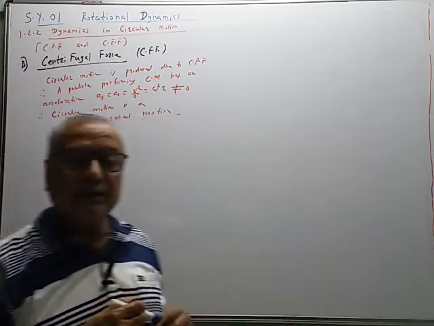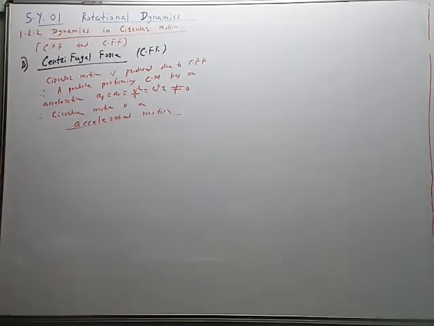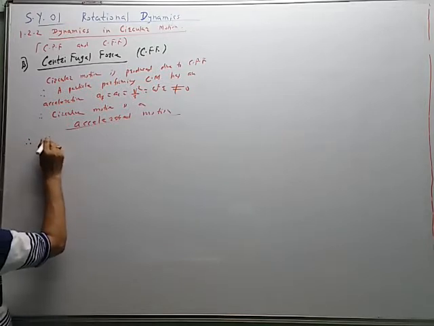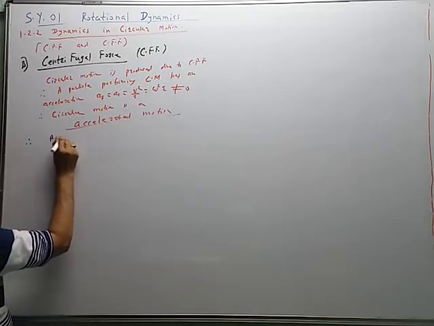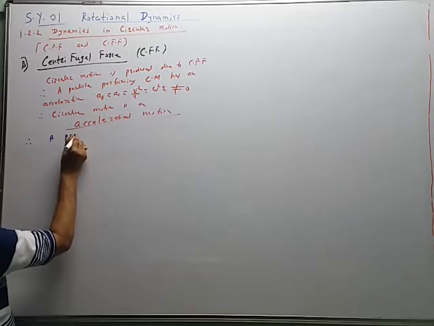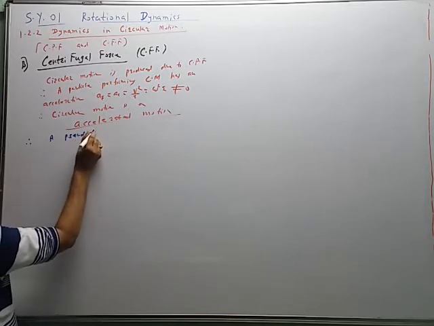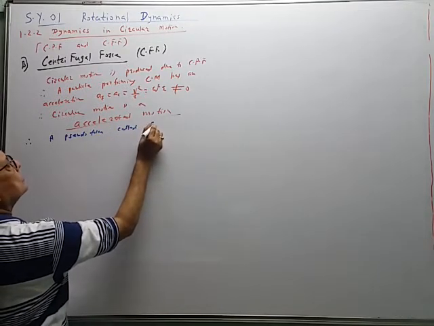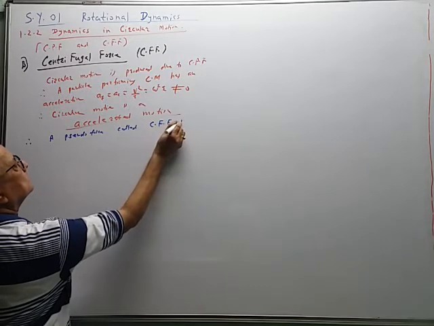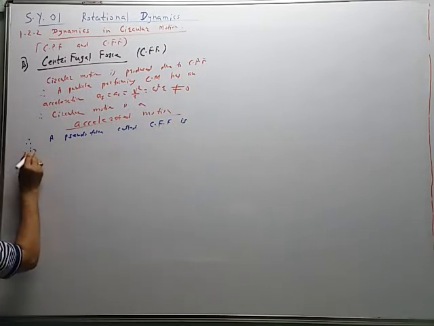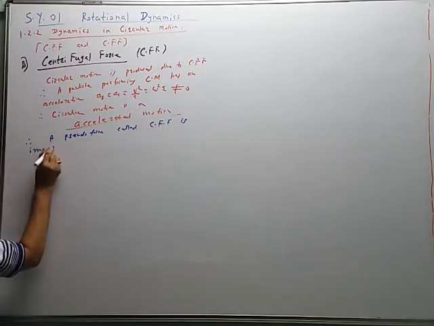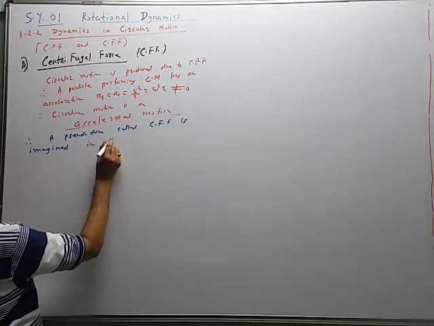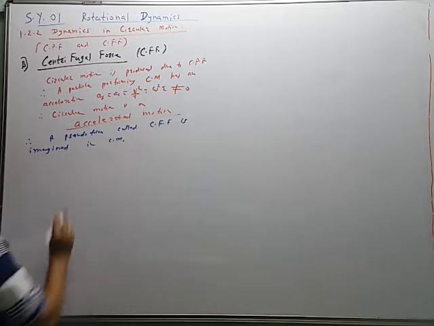And we know that in accelerated motion or in an accelerated frame of reference, we have to imagine a force called the centrifugal force. Therefore, a pseudo force called centrifugal force is imagined in circular motion, in short form.